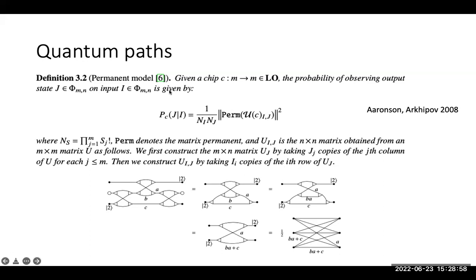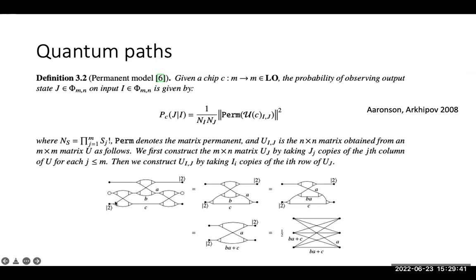So what you do, to compute the probability of output state J and input state I for a chip C, is take the classical interpretation of C in matrices with biproduct, so a small matrix, and then modify this matrix with respect to I and J. You first construct the matrix U_J by taking J copies of the jth column of U, so you have these occupation numbers, and you pick columns and rows according to the number of photons in each of the input and output modes of the circuit.